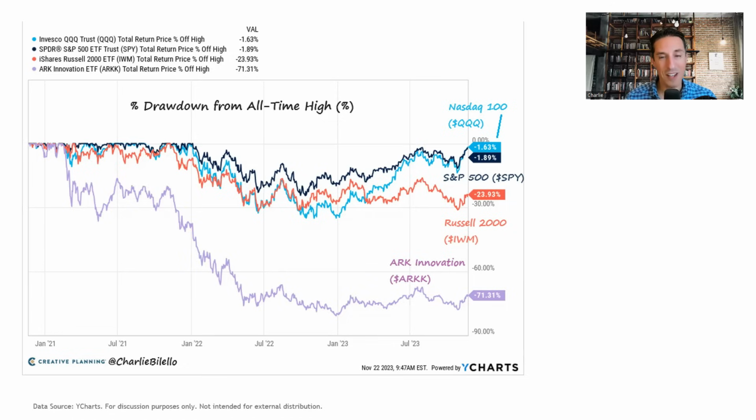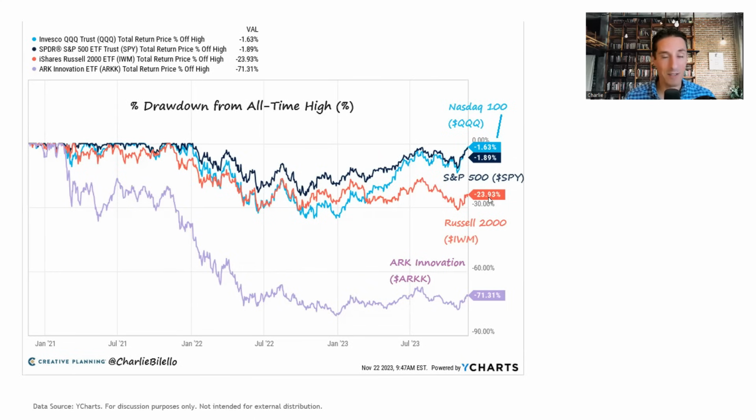Now, is the average stock close to its new highs? Certainly not. We're seeing a very wide divergence, which we talked about all year, between the bigger caps, the mega caps, especially large tech stocks this year, and the average stock. You could see that in the Russell 2000 ETF, IWM, which is still 24% below its prior high.